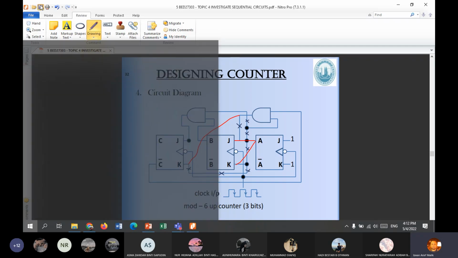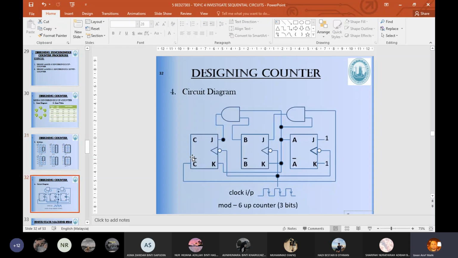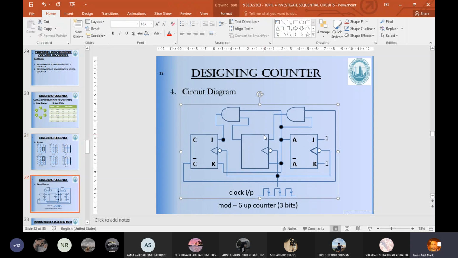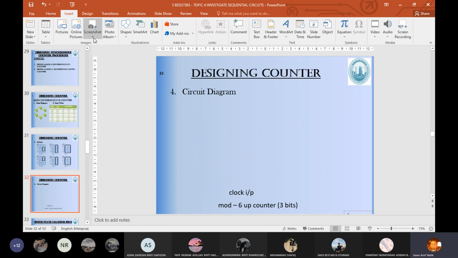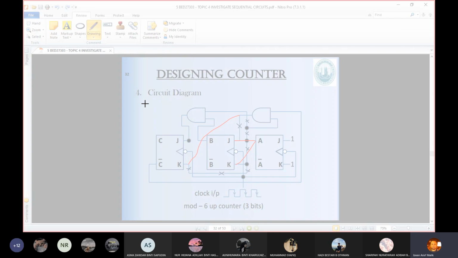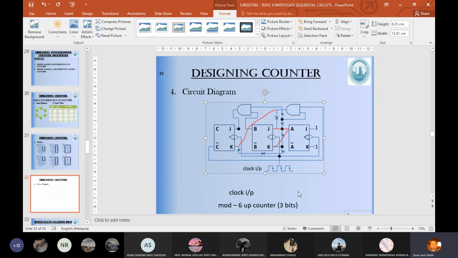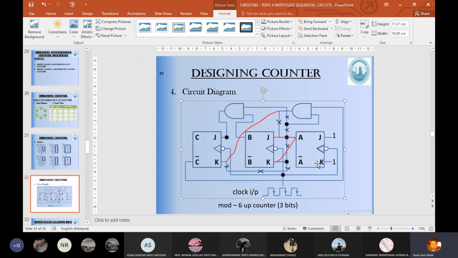Okay, so before that, let me change the diagram dulu lah. Okay, so ini saya betulkan on the spot lah.